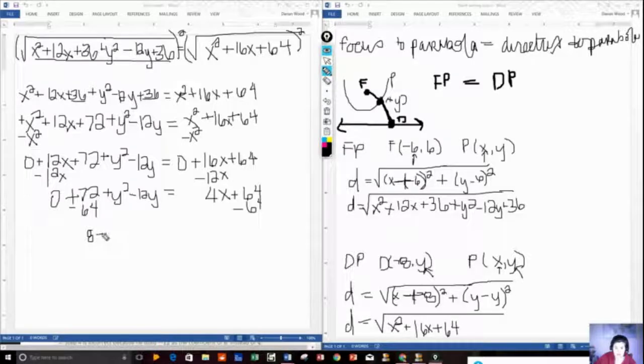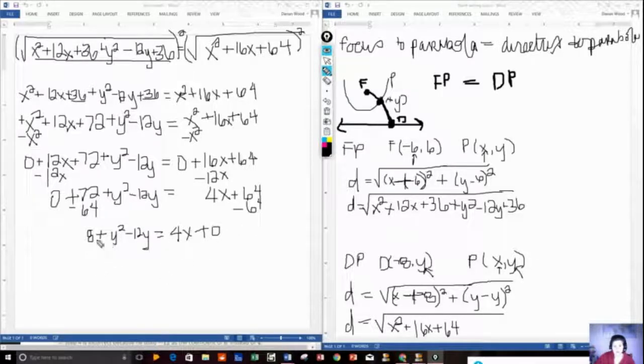And then plus y squared minus 12y is going to equal, I have a 4x, and 64 minus 64 is 0. I don't really need to write the 0 again, but that's where it went. So it went plus 0.